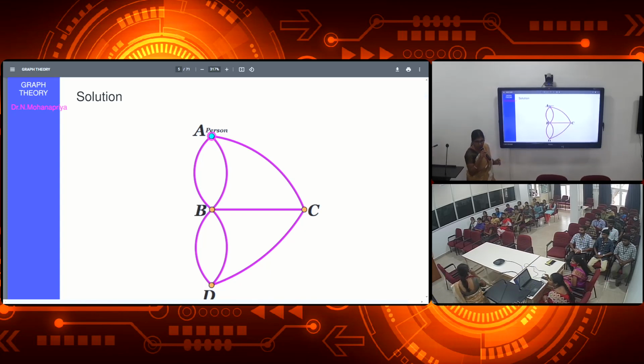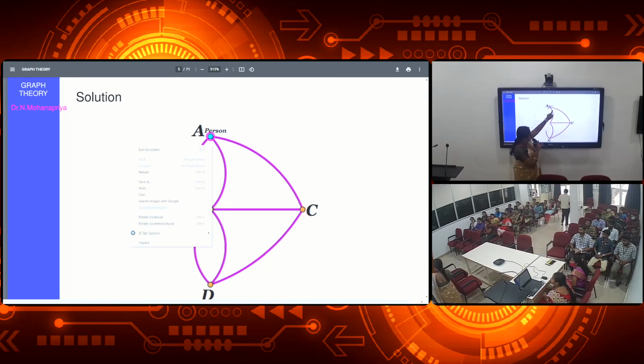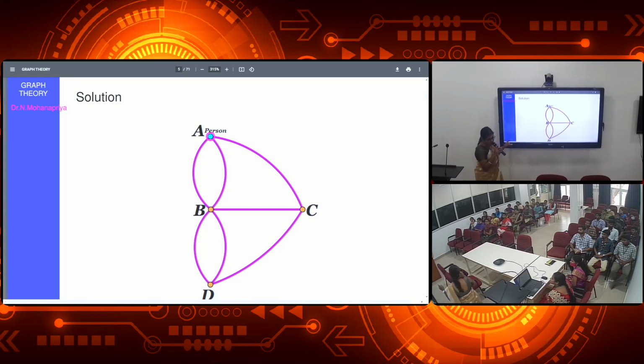Here Euler took the four land areas as vertices, and the connections between the land areas are nothing but the bridges, the seven bridges. This is the solution given by Leonhard Euler. This is the main thing that gave rise to graph theory, right?